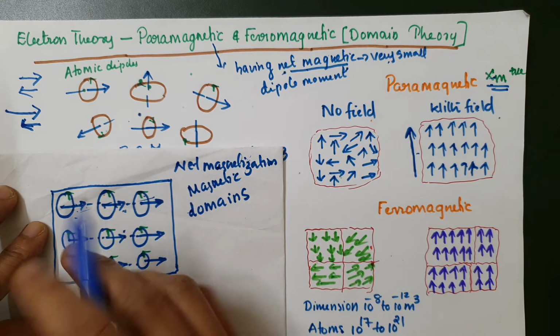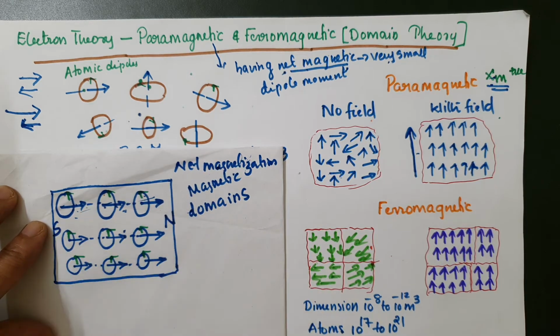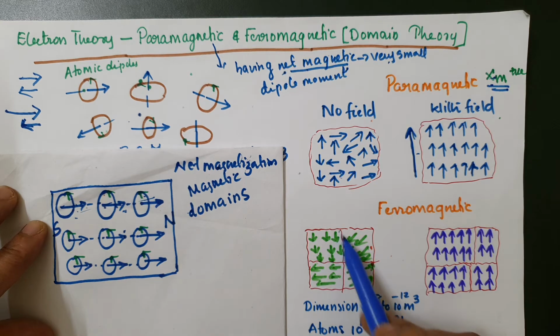And these magnetic domains actually act as a magnet with a north pole and a south pole. And here in the figure we can see the different domains, and in each compartment the domains are arranged, because a ferromagnetic material has a number of domains.